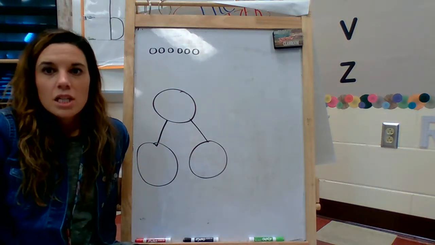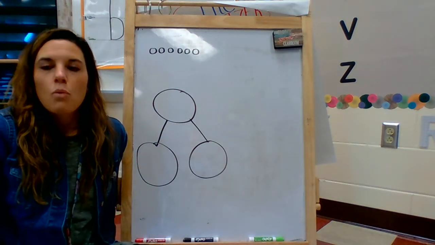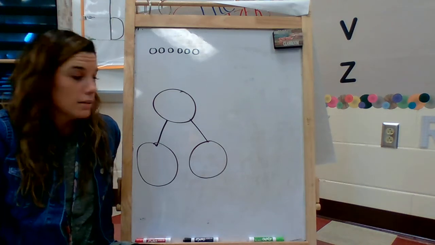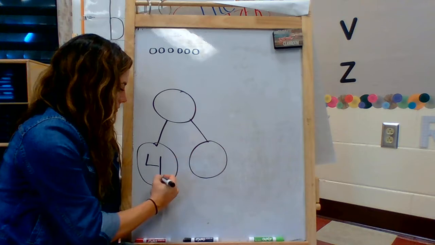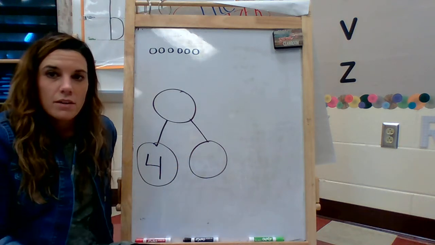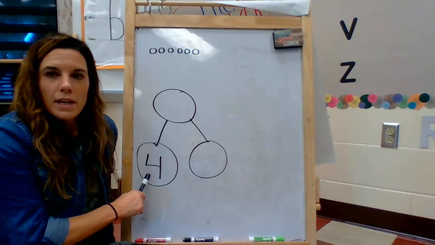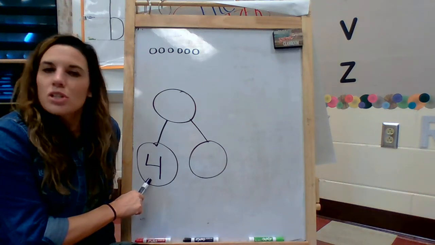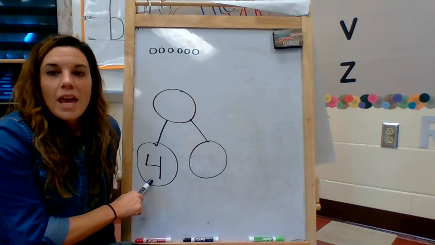Okay, I'm going to say that again. Once upon a time, there were 4 little bears playing in the woods. You see what I did? I put a 4. What does that 4 stand for? Why did I do a 4? Because that's how many bears started playing in the woods, right?